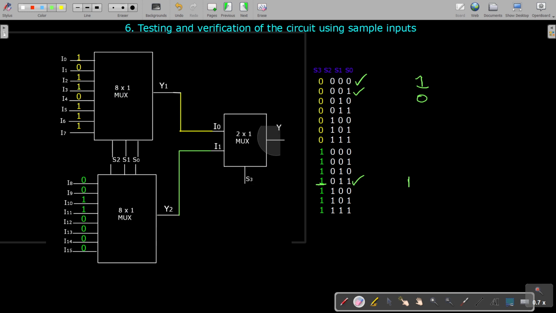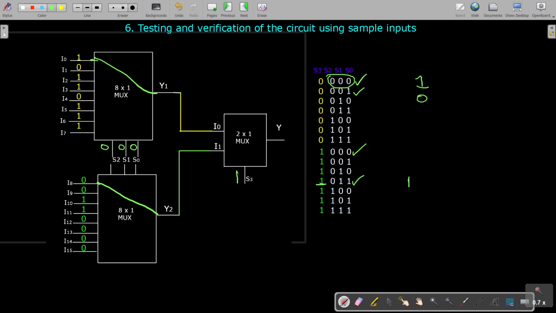And we try out with another example, another selection input. Let's take this 1000. Okay, so it is 000 here, and for S3 it is 1. So 000 means this 0th line will be selected, because for this input also it is 0, 0, 0. Here also this 0th input line will be selected. I8 it is.